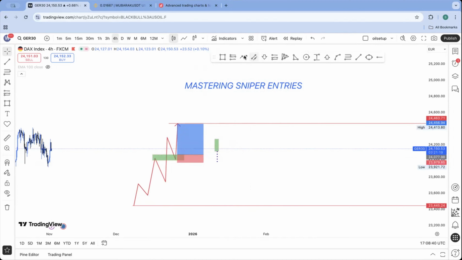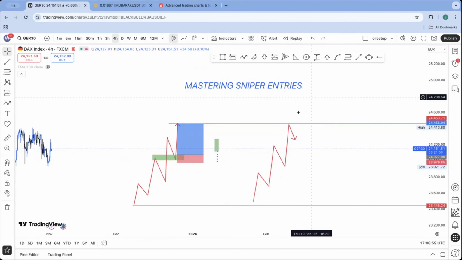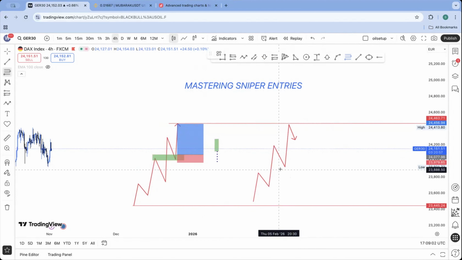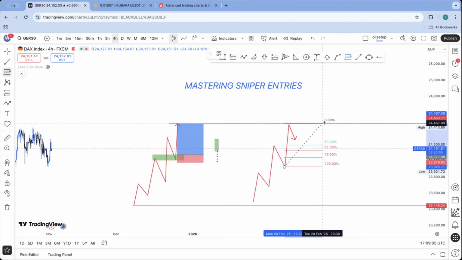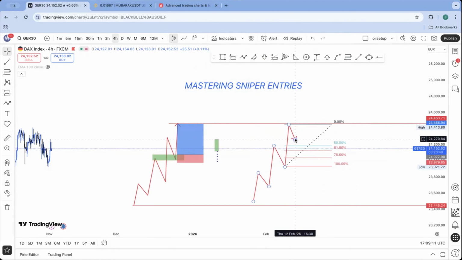We also have a scenario like this, where we can have price going up, coming down, going up, coming down, going up. Now, once price moves about 25% of the range, which is from this low to this high, we pull our Fibonacci from the low to the high and expect price to tap into this zone, 61.8 or 78.6.